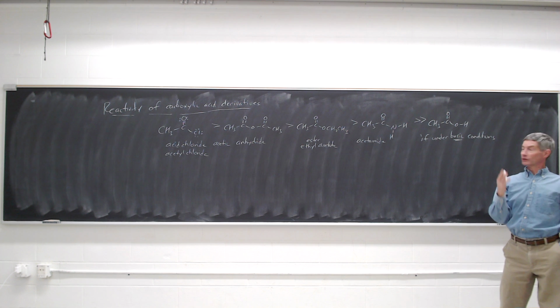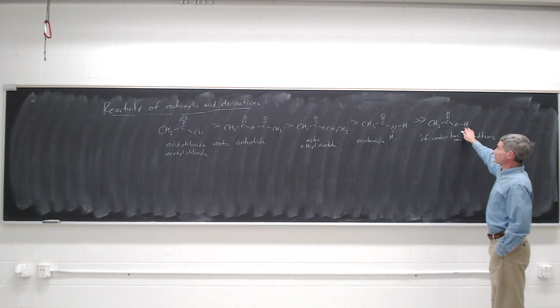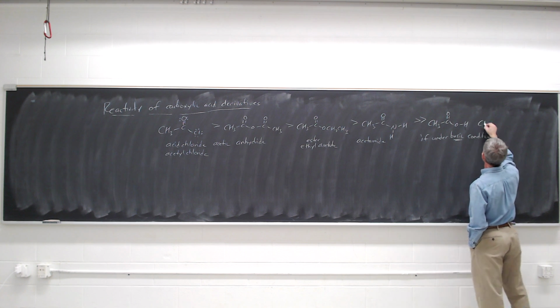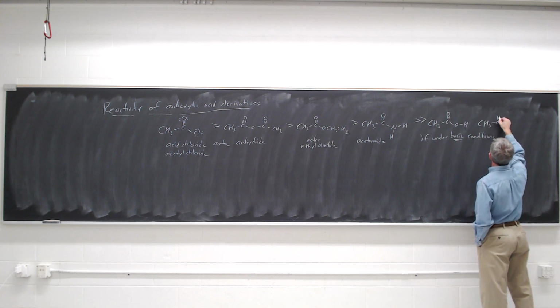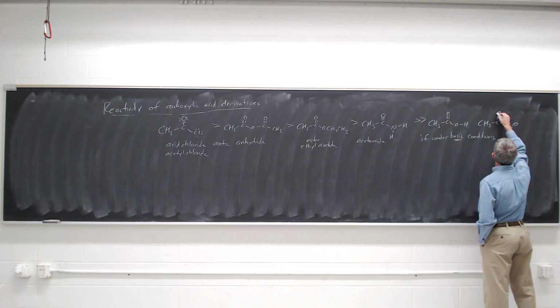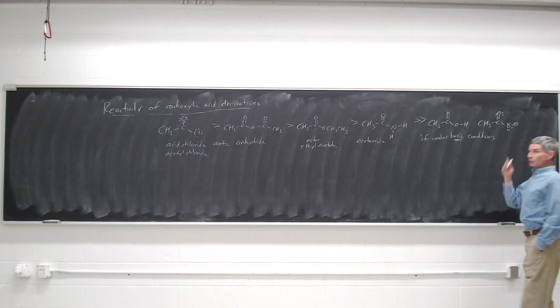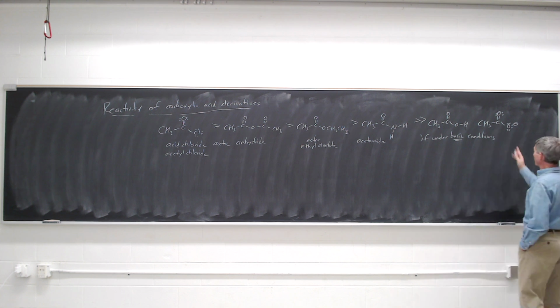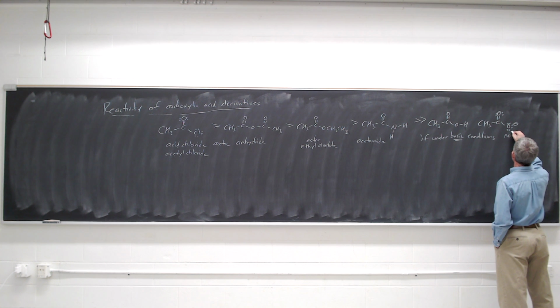Because under basic conditions, the first thing that happens is deprotonation of the carboxylic acid to generate the carboxylate ion. And once you already have an anionic material, it's not going to be very reactive with another anion.